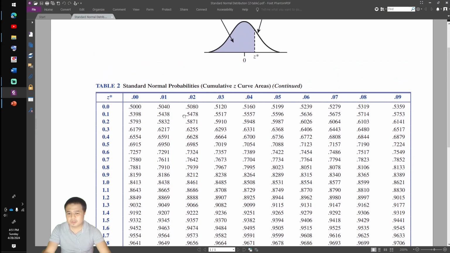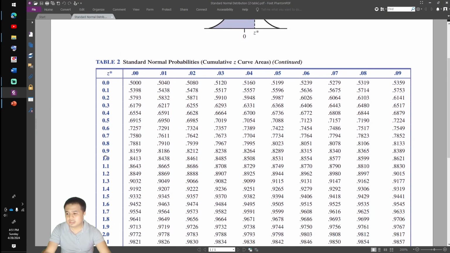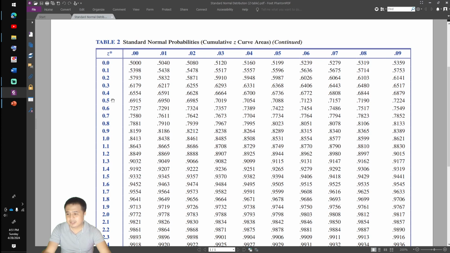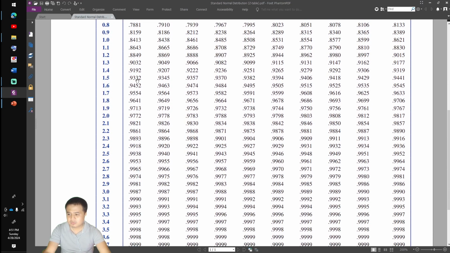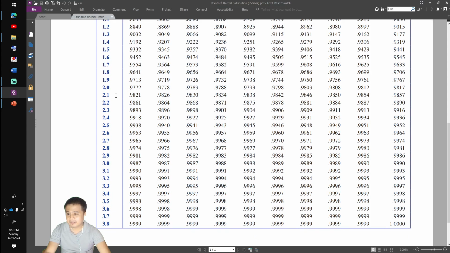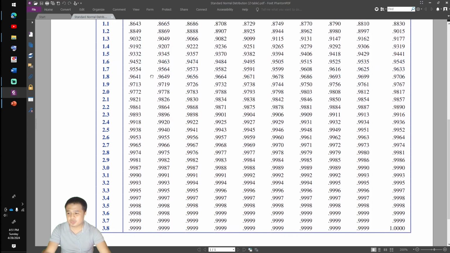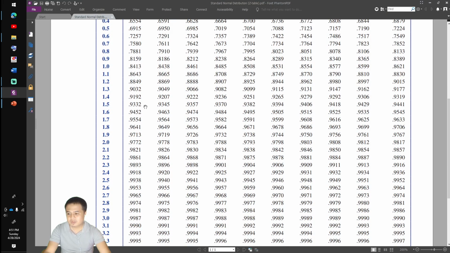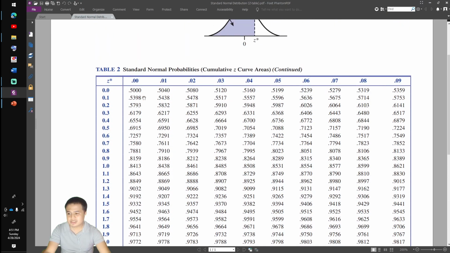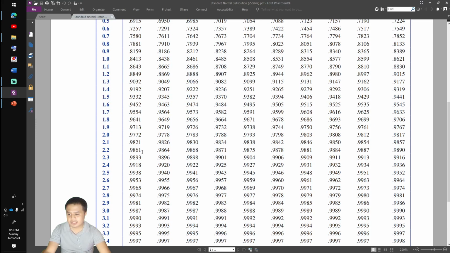To find 2.2, we just want to look first in this column. Since this is 2.2, we want to find 2.2. Depending on whether this is 2.21, 2.23, and so on, since this is just 2.2, we just add this 2.2 plus this column here plus 0. So therefore, this will be your entry. So we have 98.61.